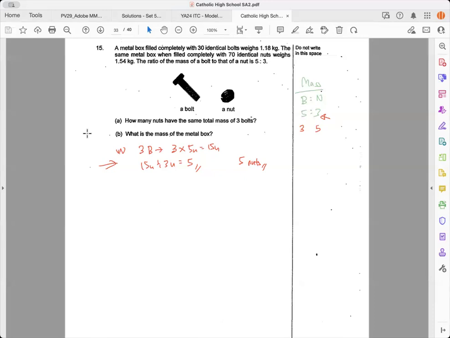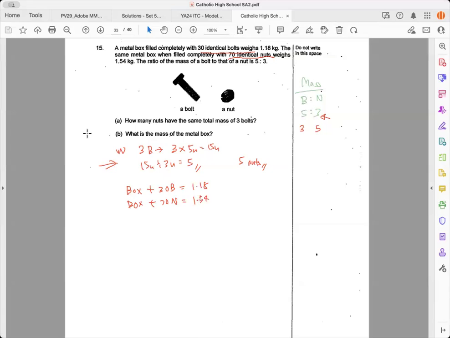What is the mass of a metal box? So the first box is filled with 30 bolts. Box plus 30 bolts gives you 1.18 kilograms, right? And you have another one that is box plus 70 nuts, which gives you 1.54.